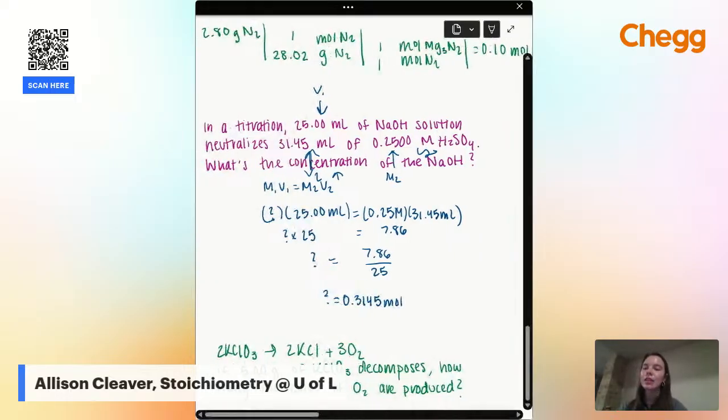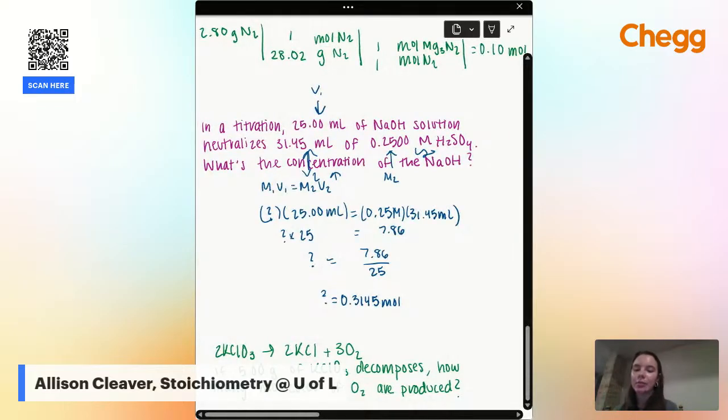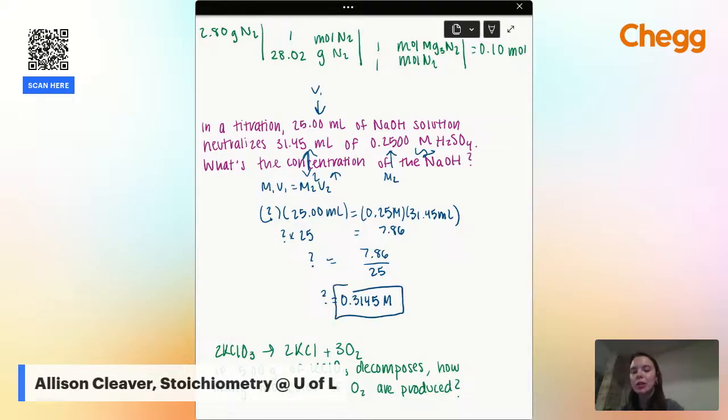All right, so if for the titration problem you got 0.3145 molarity, which is moles per liter, that is the correct concentration of the NaOH. Again, I do want to reiterate that because it is a strong acid and a strong base, that's why we can use a dilution equation.